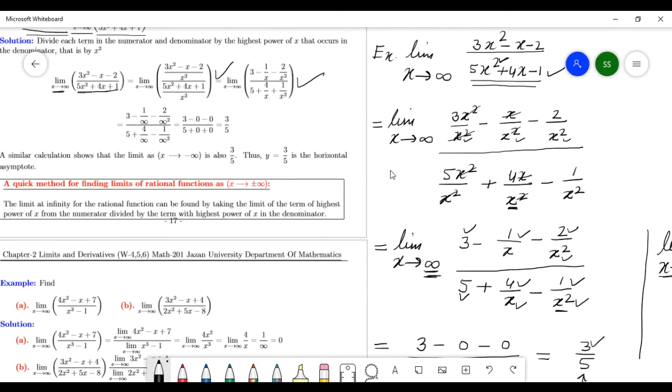Divide like that, then you will get this. See here, 1 divided by infinity 0, 2 divided by infinity 0, 4 divided by infinity 0, 1 divided by infinity 0. Other values 3, 5. Right?